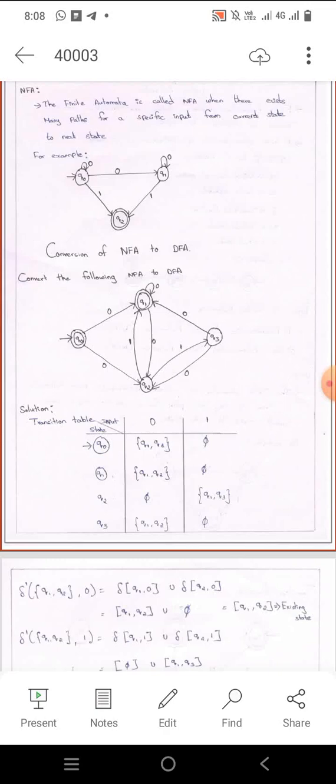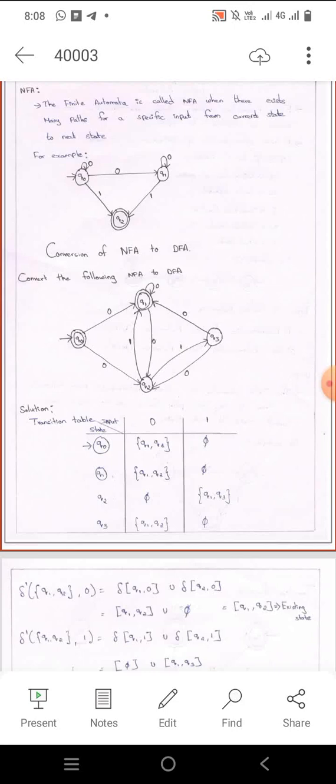So write that as null. Next, Q2 comma 0. Q2 comma 0 means there is no input transition. Write that as null. In Q2 comma 1, there is an input transition. It reaches Q1 and also Q3. So we are writing it as Q1 comma Q3. Next, Q3 comma 0. Q3 comma 0, it reaches Q1 and also Q2. So Q1 comma Q2.